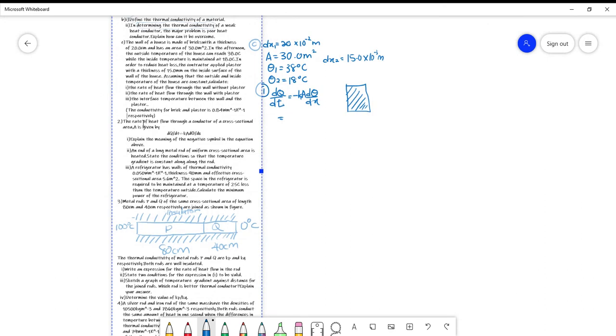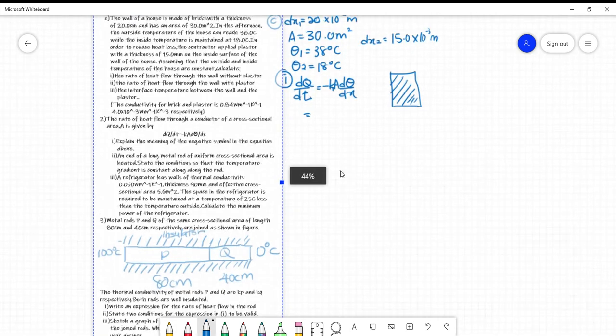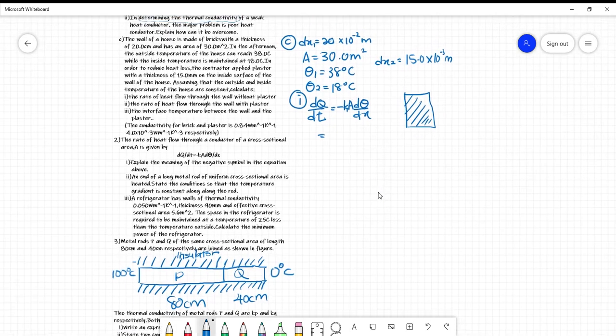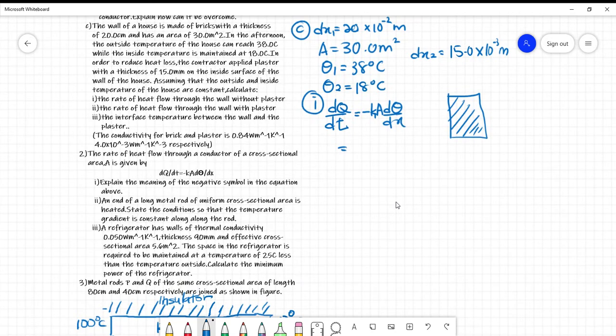So this one should be 4.0 times 10 to the power of -3 watt meter to the power of -1 K to the power of -1. Okay, so this is the thermal conductivity for the plaster.